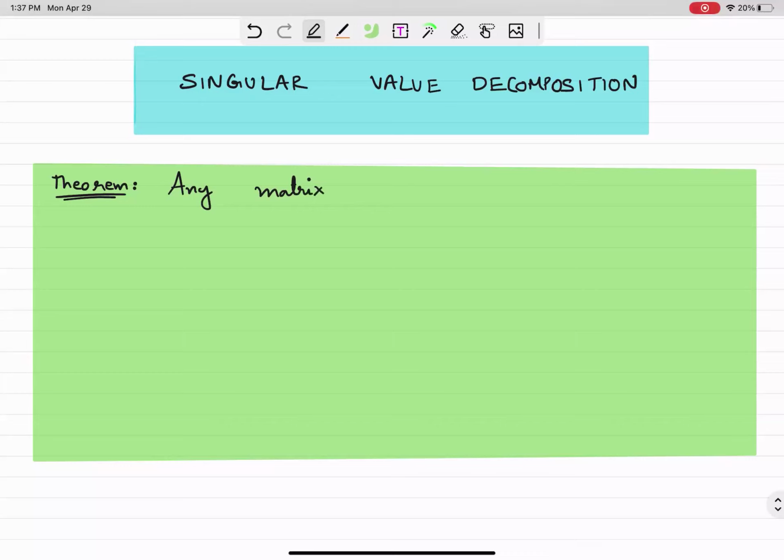If you know the eigenvalue decomposition theorem, it's a lot like that, but applies more broadly. Let's say I have a matrix X, which is n by d. The singular value decomposition theorem tells you that any matrix X can be written as the product of three other matrices.